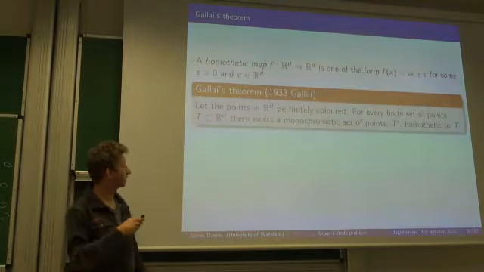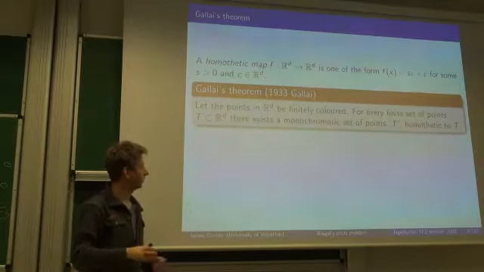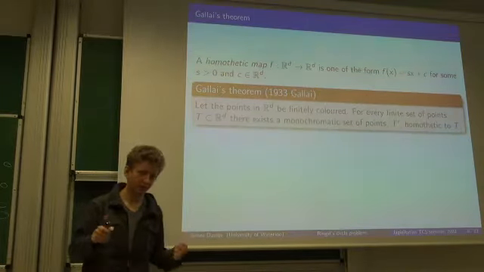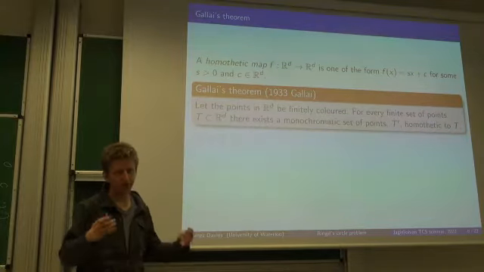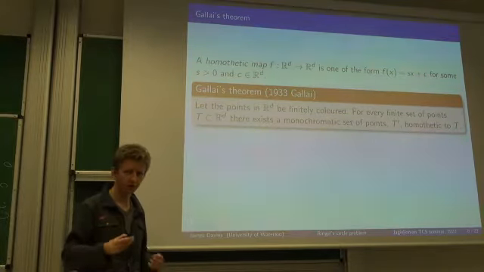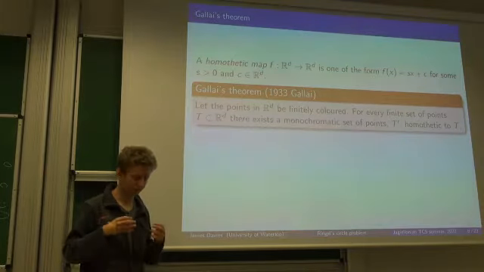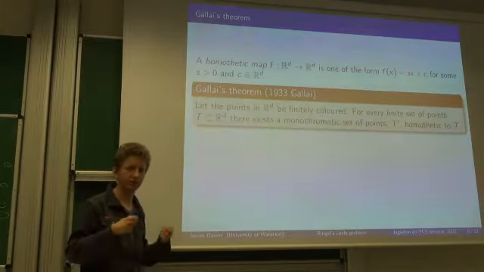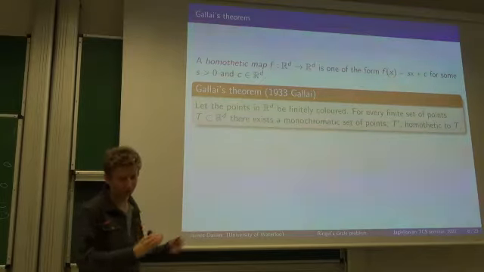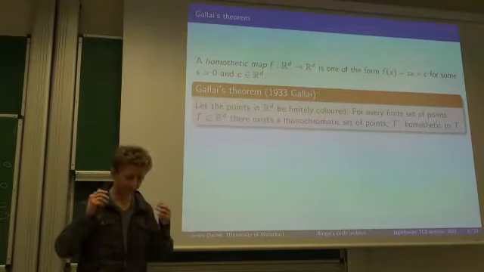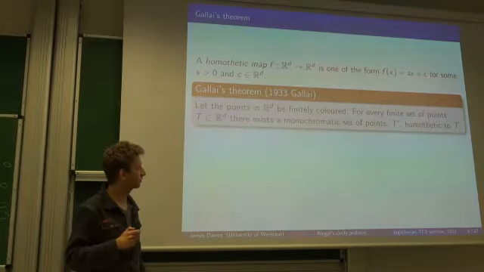Then what Gallai's Theorem says is that if you finitely color the points in d-dimensional space and you pick any finite set of points t within this d-dimensional space, then you can always find some homothetic copy of t which is monochromatic. So from your chosen t, you can always do a uniform scaling and a translation to get to a monochromatic set.